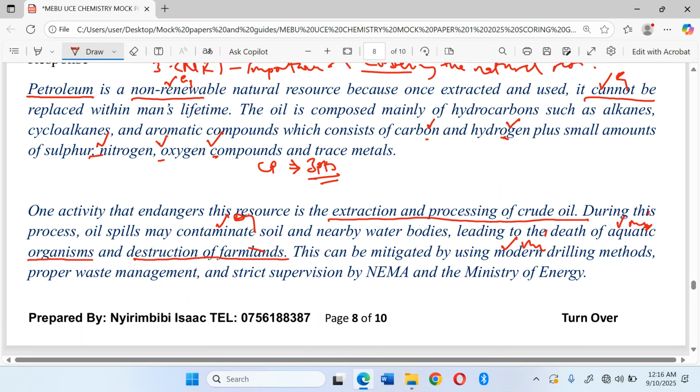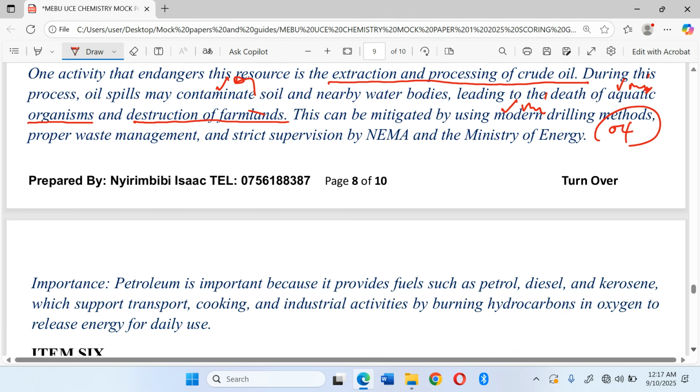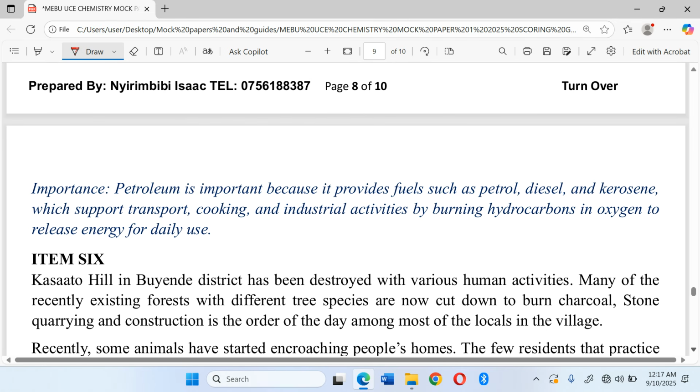then you're given 4 scores. So you can see the part 1, it has 6 scores. Now this paragraph, it has 4 scores. And then you have the last paragraph, which is talking about the importance.